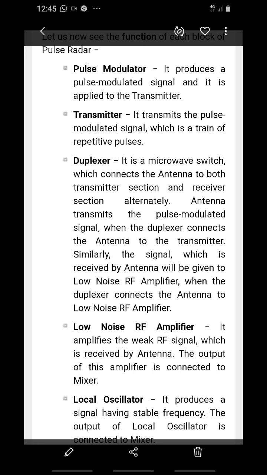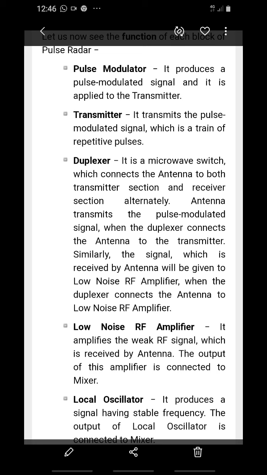Next, low noise RF amplifier. It amplifies the weak RF signal which is received by the antenna.